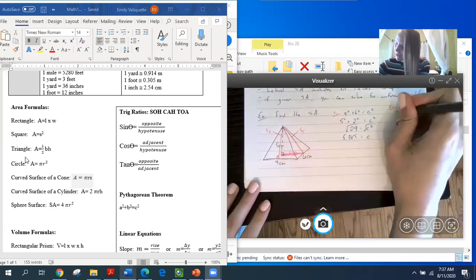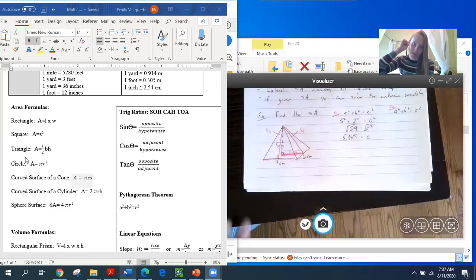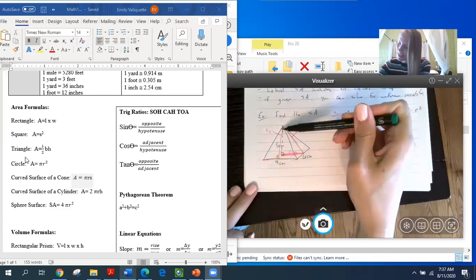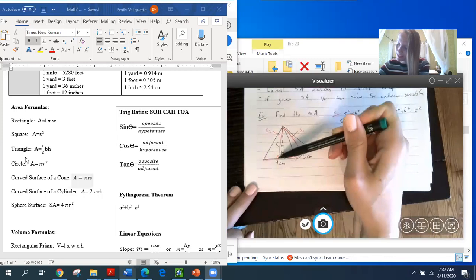Okay, so once again, we have a squared plus b squared equals c squared. This time, the right triangle is a little harder to see just because of the perspective that we're using. But once again, we're going to be using this internal height of 5 centimeters. This time, we are using this slant, obviously, because that's the slant height we're supposed to find.